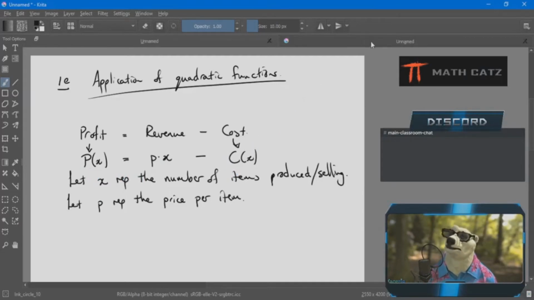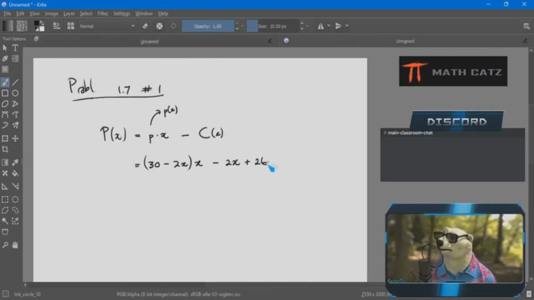Now, once this gets specific, it might be a little bit easier. So now my X is the number of t-shirts I'm selling. The cost is going to change the more I make. The price per t-shirt is going to change the more t-shirts I make as well. It's not a constant price.